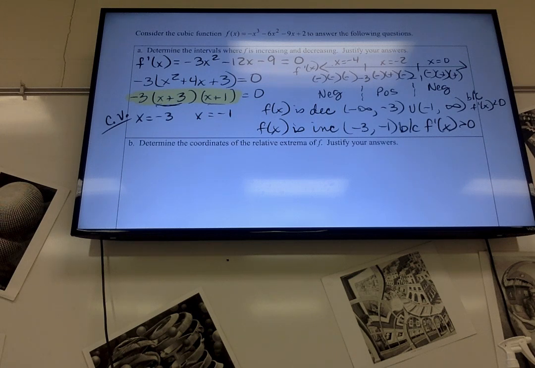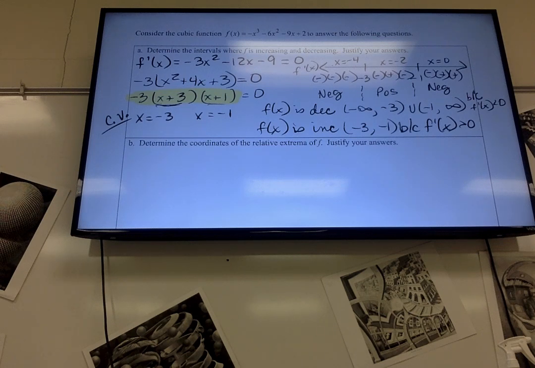It helps us figure out the reason, but you have to give the reason. You have to write it out. And you could have just said f prime of x is negative, or f prime of x is positive, but it doesn't matter. So what we're doing is we're doing this step by step. We're drawing it out. So on B, determine the coordinates of the relative extrema.